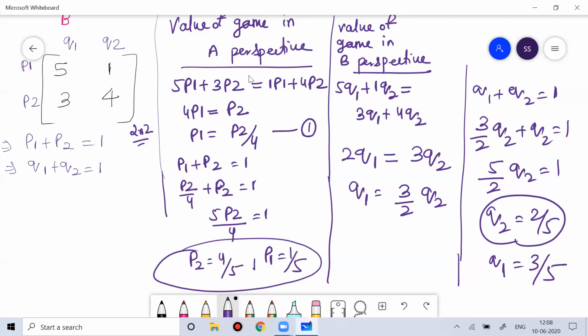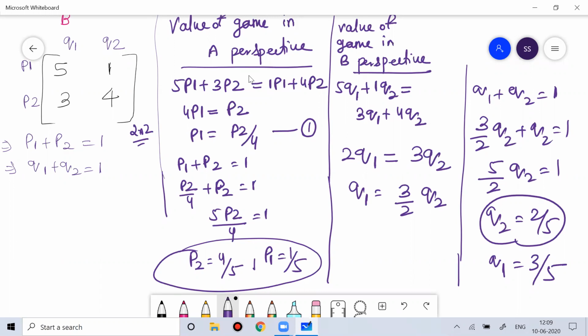So you can look into the perspective of the game in terms of A and B. Whenever there's a mixed strategy, there's only one way to solve the given problem, and that methodology is in terms of probability.